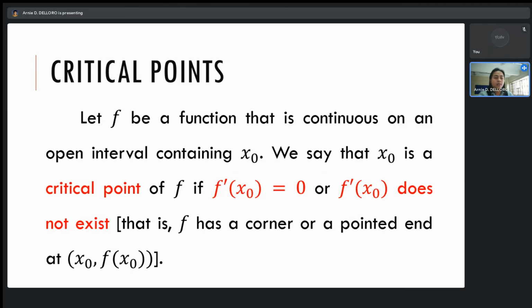That is, f has a corner or a pointed end at x sub 0, f of x sub 0. So, paano ba natin hinahanap yung mga critical points? Let's have some examples.